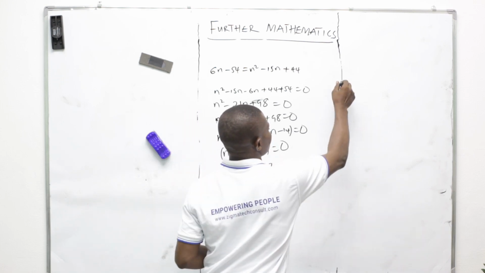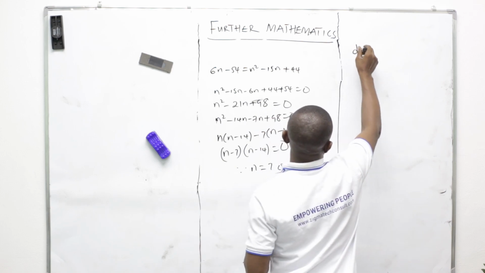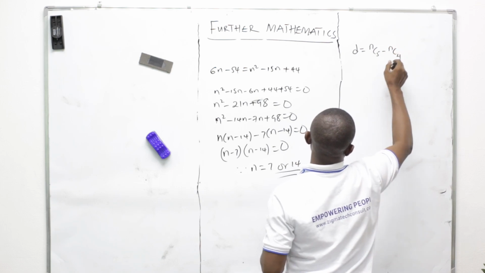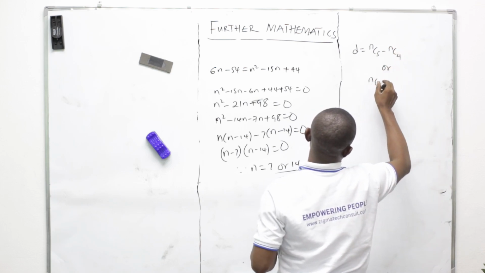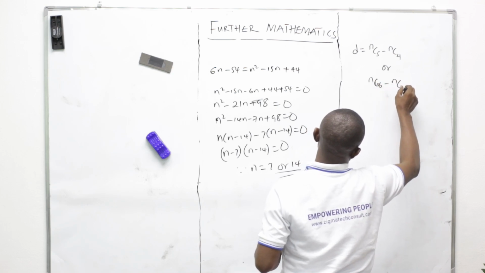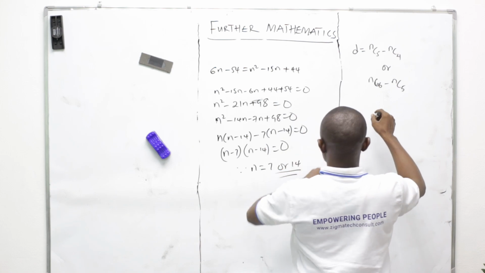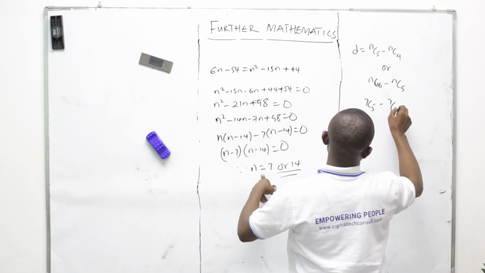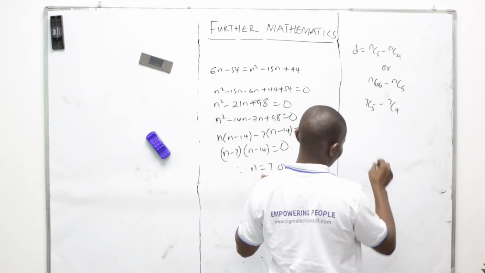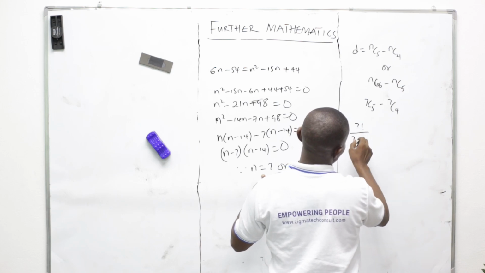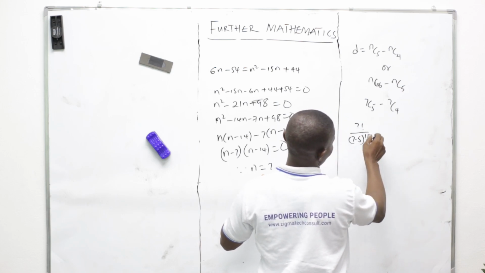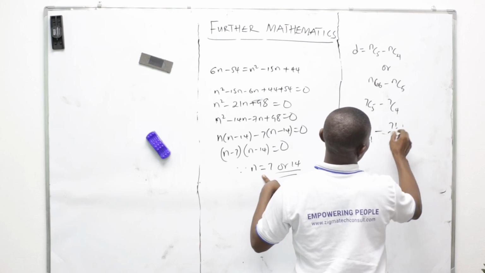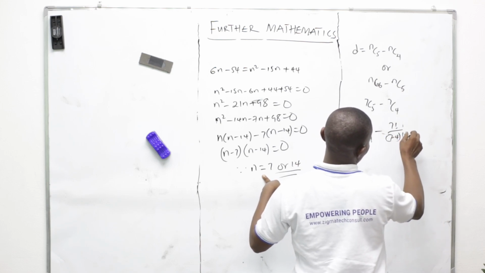Recall that d equals n combination 5 minus n combination 4, or n combination 6 minus n combination 5. That is, if we're using 7, 7 combination 5 minus 7 combination 4 will give us 7 factorial all over 7 minus 5 factorial dot 5 factorial minus 7 factorial all over 7 minus 4 factorial.